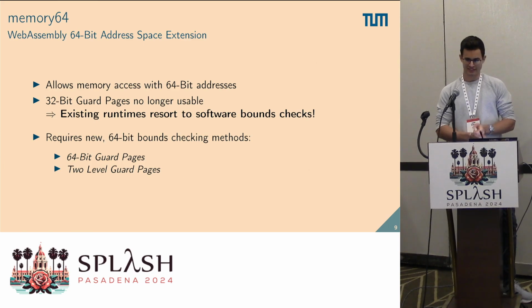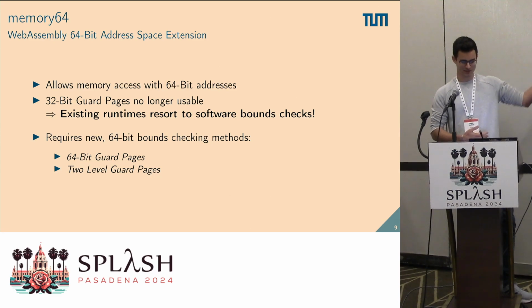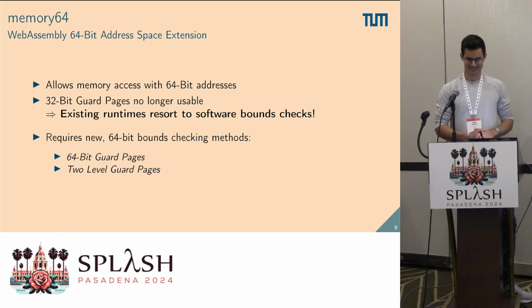So just allocating all the accessible memory is kind of a problem because that's more than our host system can actually provide. So our 32-bit guard page approach, which I just showed you, doesn't work any longer. So we need new bounds checking methods, and that's what we explored.